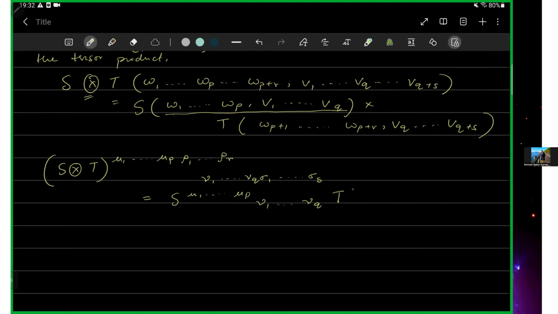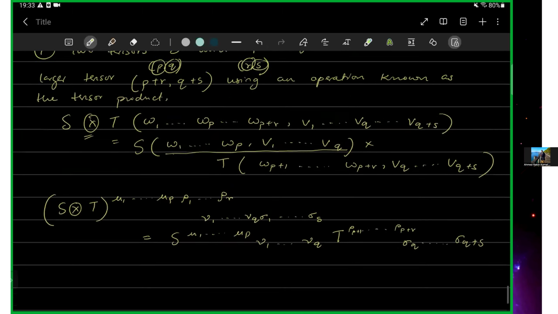And then T would just go from rho up to R, and sigma to, so sorry, I should have written this as rho P plus 1 going up to rho P plus R, and sigma Q going up to sigma Q plus S. Okay. So this is the first operation that you can do for a tensor product.